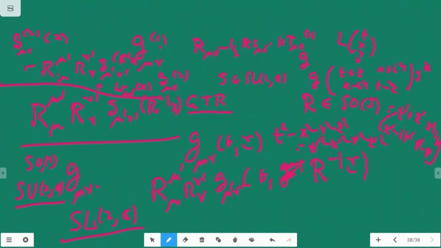Using the fact that SL2C is the double cover of the Lorentz group, that means G and minus G give the same transformation, SL2C modulo Z2 is the set of proper orthochronous Lorentz transformations. So from the representation theory of SL2C, you can get the representations of the Lorentz group and apply it to this problem to estimate the Lorentz group transformation when the metric is rotated.